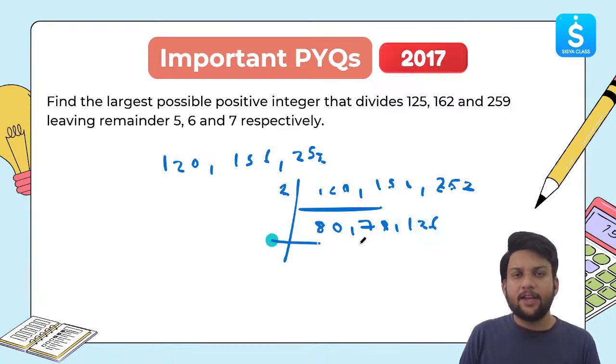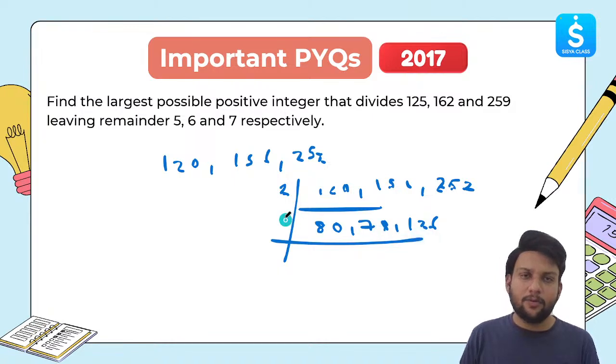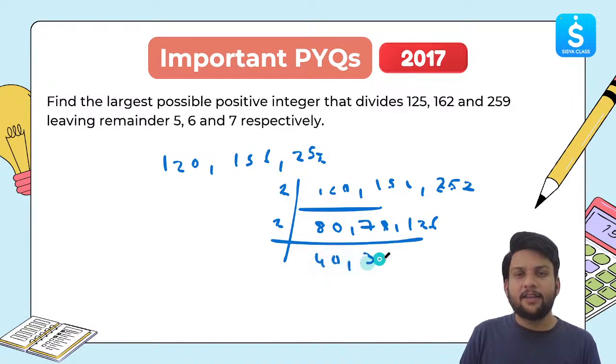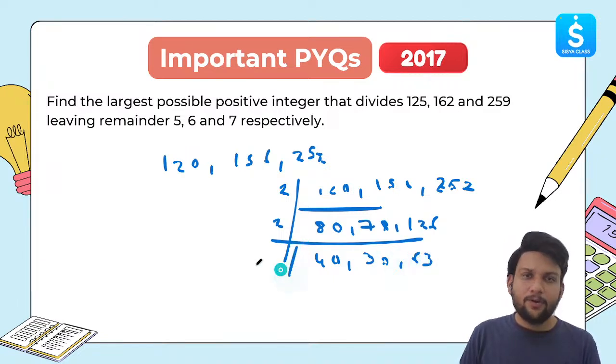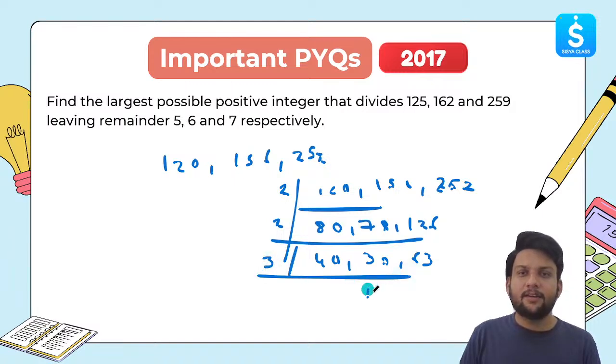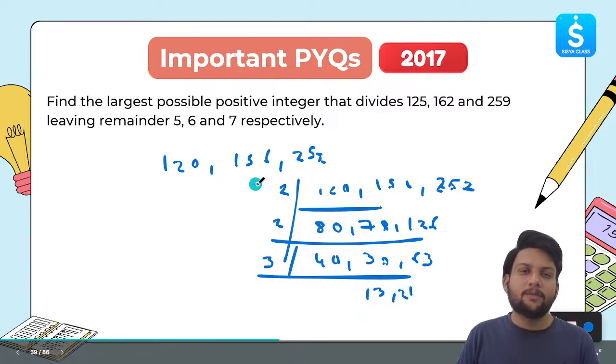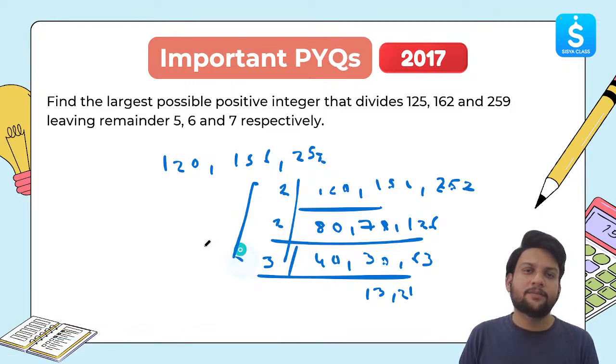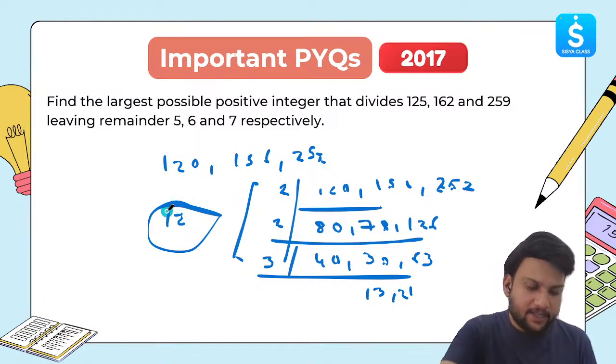I will again divide by 2, going very slowly this time. I will get 30, 39, and 63. Next, I will divide by 3 because here I'm getting 10, 13, and 21. So what is the answer? 2 times 2 is 4. 4 times 3 is 12.